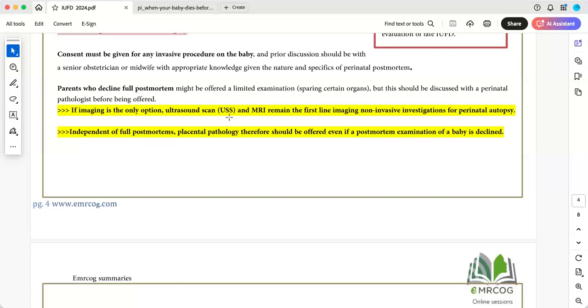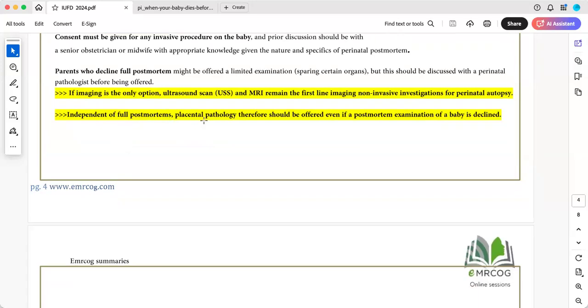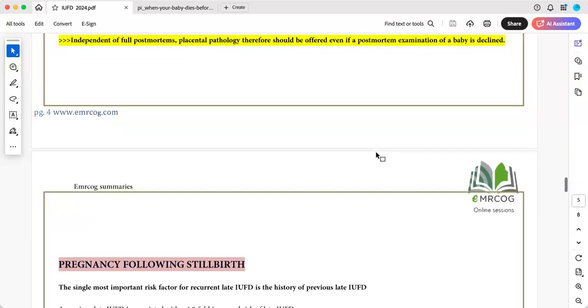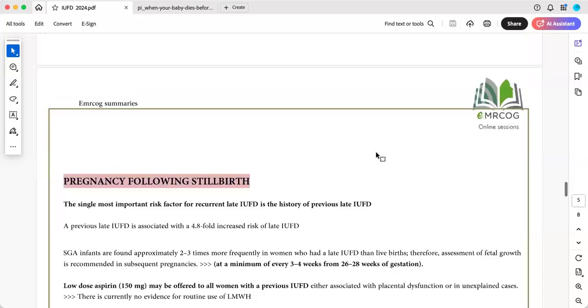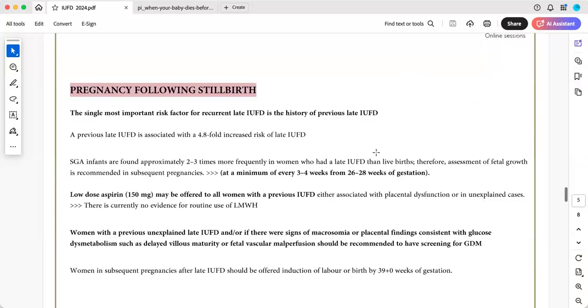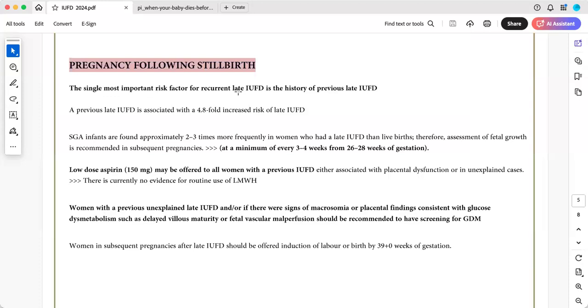So ultrasound scan and MRI remain the first line imaging, okay? Independent placental pathology, therefore, should be offered even if the postmortem examination of the baby is declined. So they can do the investigation even if they don't want autopsy.